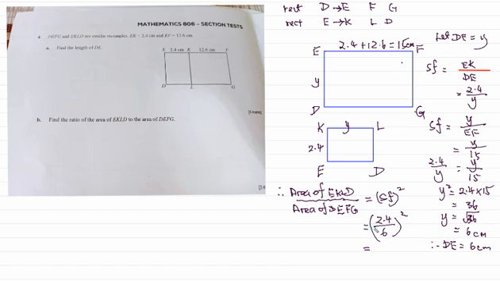Let's simplify by dividing by 6. 2.4 divided by 6, you get 0.4. 6 divided by 6, you get 1. So it's actually 0.4 squared. If you multiply 0.4 times 0.4, you get 0.16.